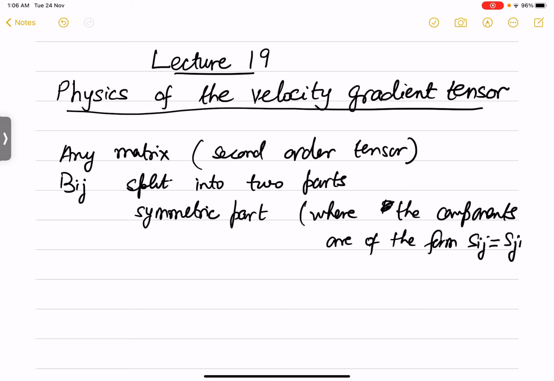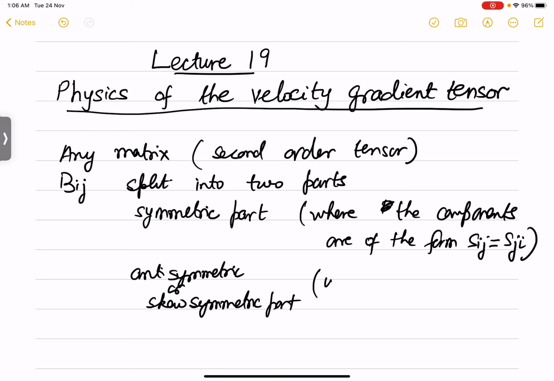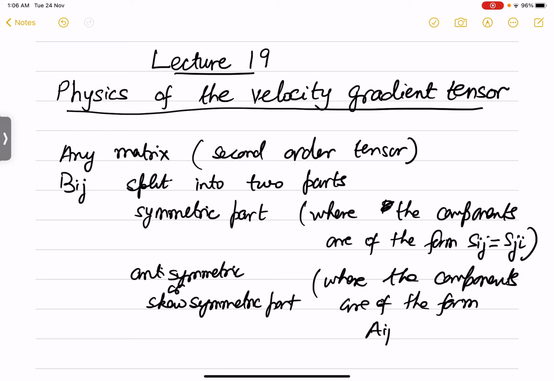Sij is equal to Sji, and an antisymmetric or skew symmetric part where the components are of the form Aij is equal to minus of Aji.